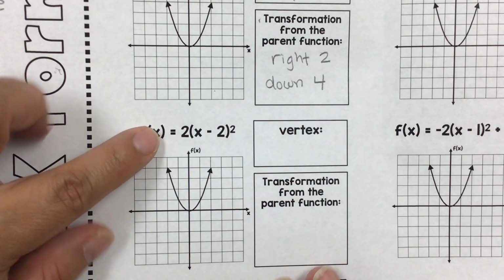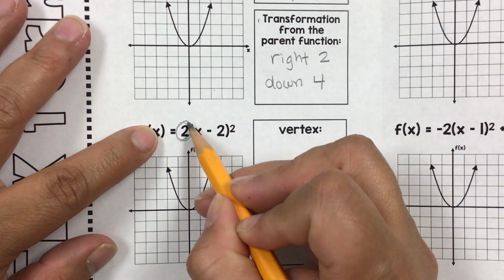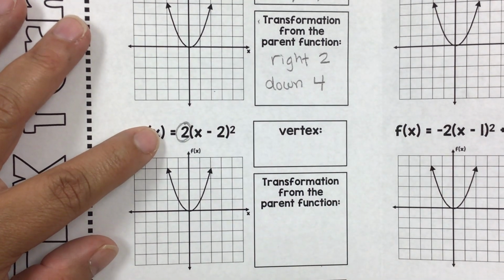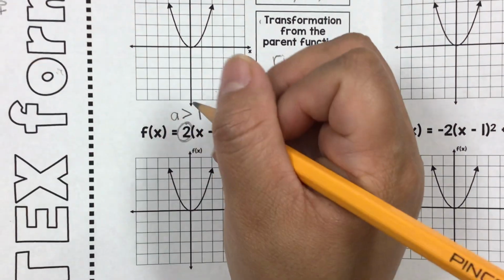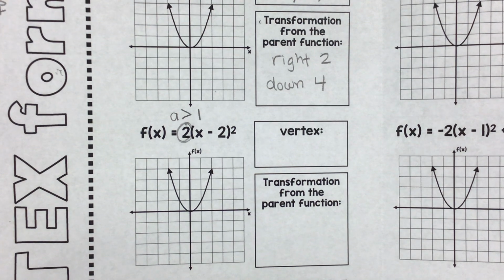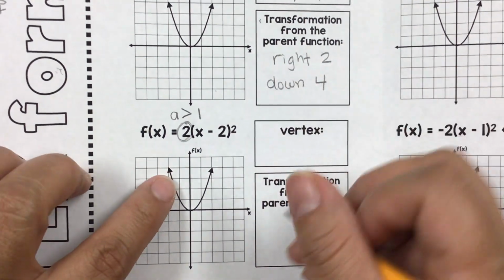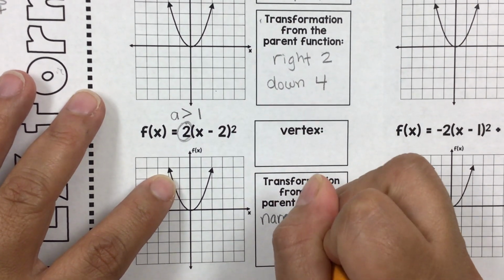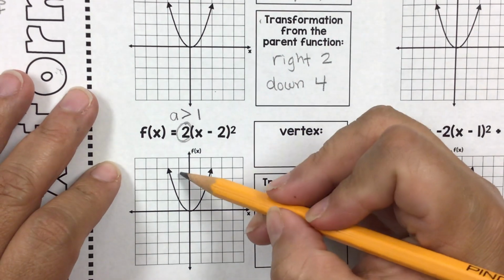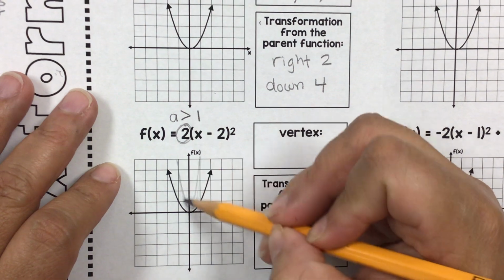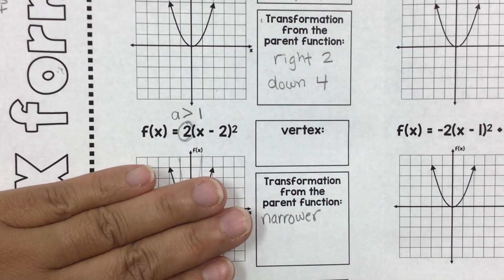Let's take a look at this one. This is what I mean when the A value is bigger than 1. Because A is bigger than 1, we know that it has to get narrower than the parent function. Narrower means that it just looks skinnier. But remember, we're not looking at the graphs today.